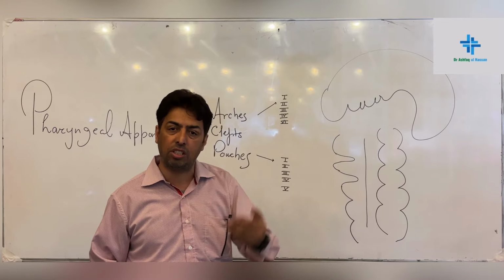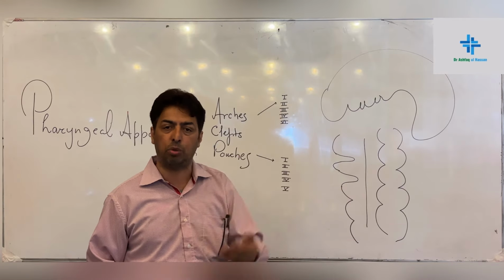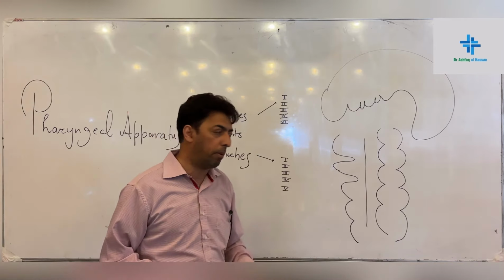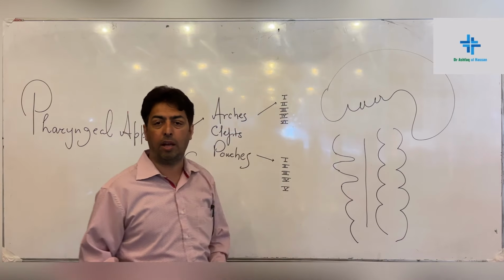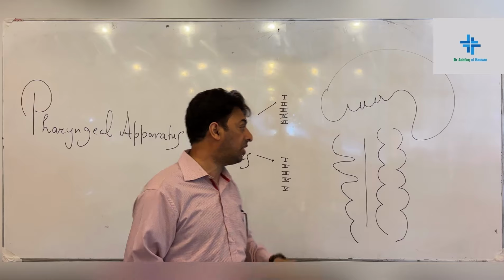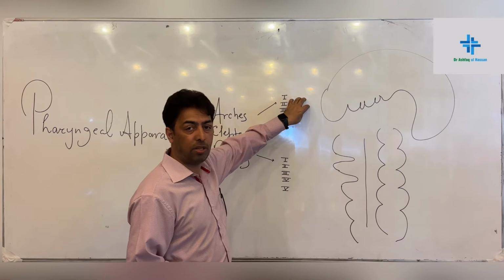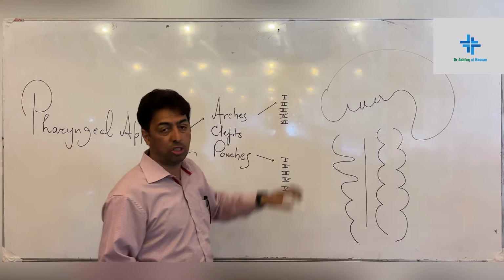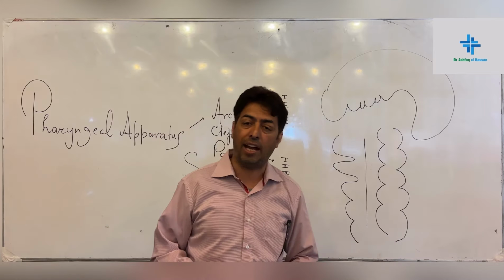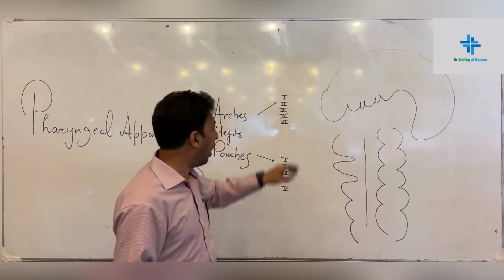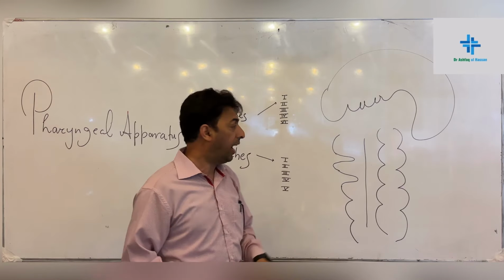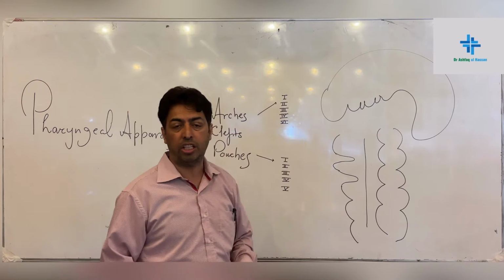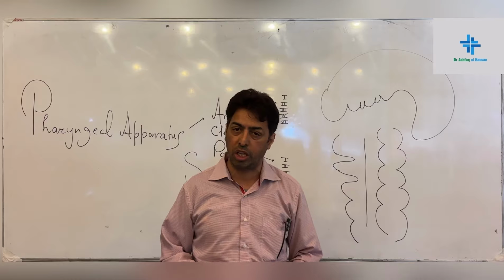Then there are the vessels which supply, which are specific to each arch. You have to remember that the first arch artery is represented by the maxillary artery, the second arch by the stapedial artery, and the third arch by the common carotid and the internal carotid. The fourth arch artery is represented by the right subclavian artery, and the sixth arch artery by the pulmonary artery.